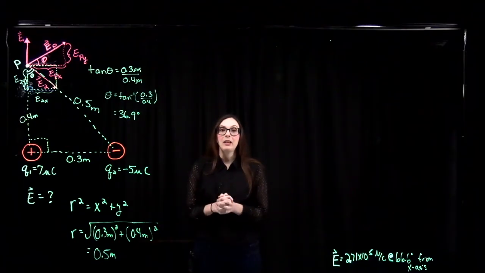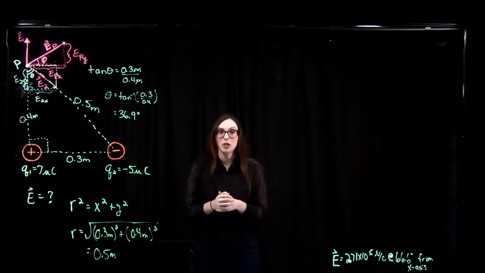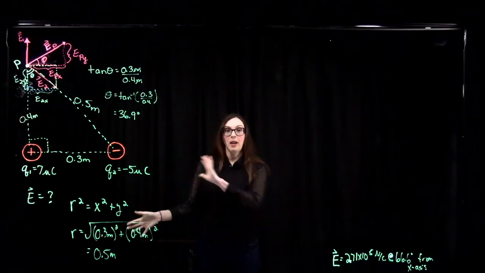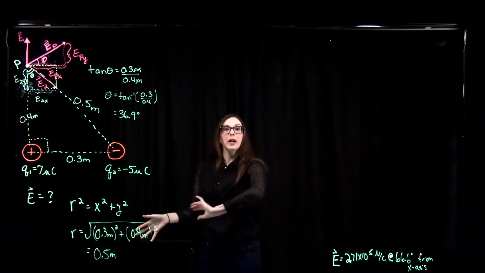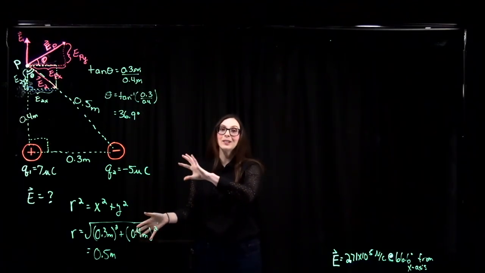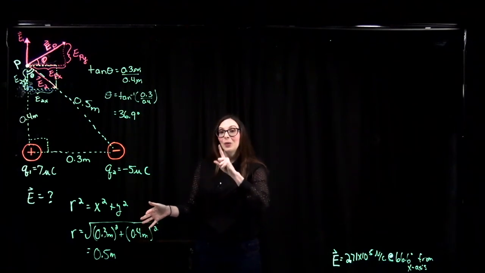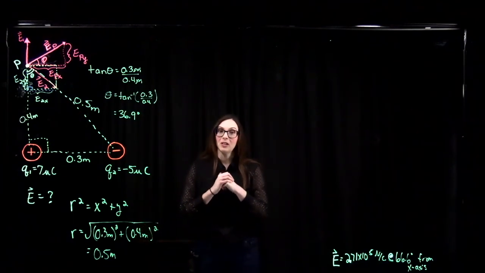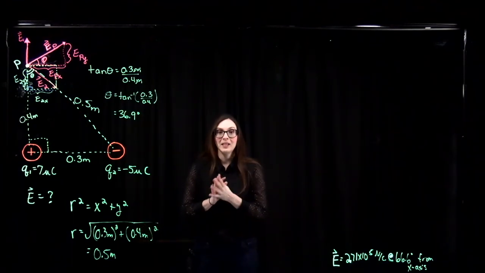In a previous mini lecture, we found the electric field at a point P due to two charges. And actually, I left that diagram up right here. It took us a lot of time and a lot of work to get that electric field. We're going to see that finding the electric potential is a lot easier.